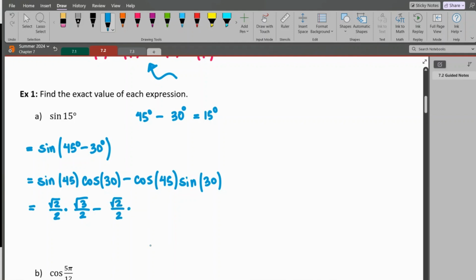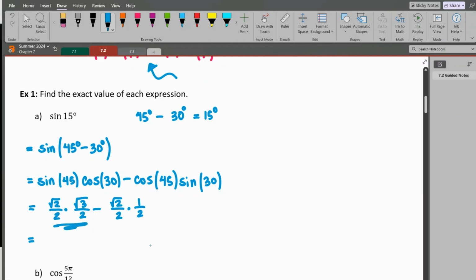And sine of 30 is 1/2. And the only other thing we could really do with this is get a common denominator and add these things together. We're not actually going to have to get a common denominator because they already have the same denominator. But let's do one step before we actually go ahead and subtract these two sets of fractions here.